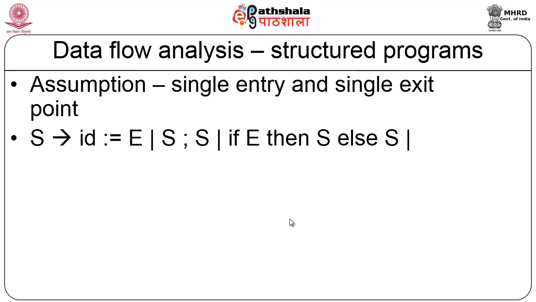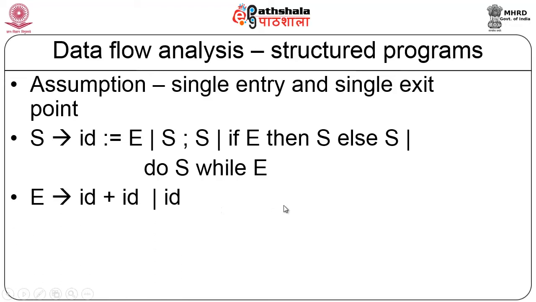S produces ID colon equal to E, S produces S semicolon S, or if expression then statement else statement, or a do while. That is, my statement can basically be either an assignment statement, or a sequence of two statements, or an if else construct, or a do while construct.